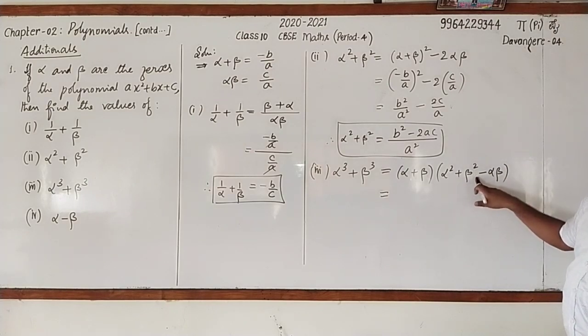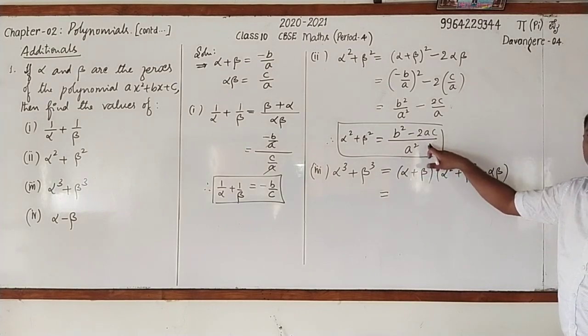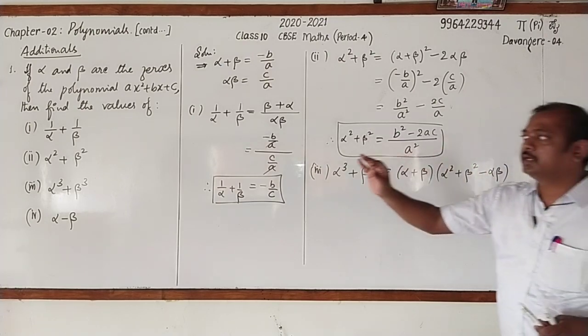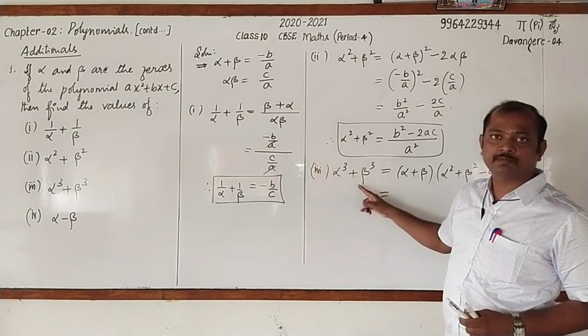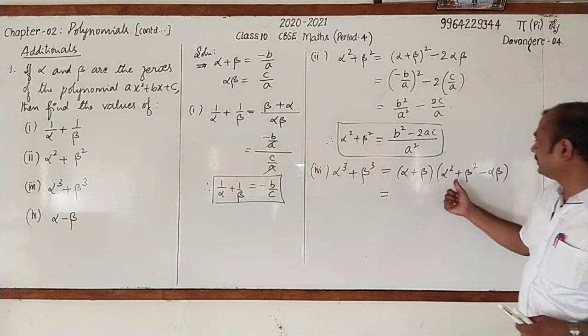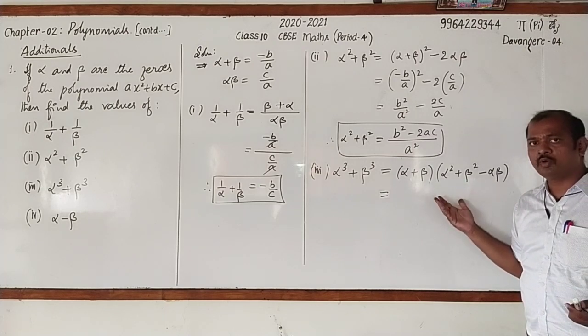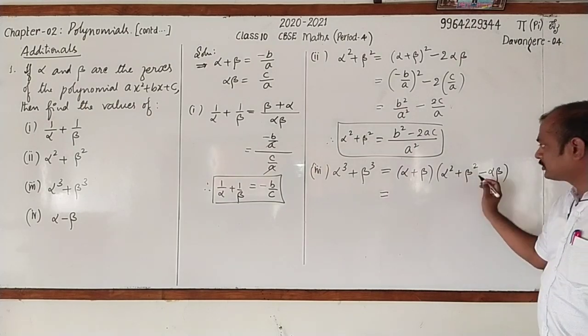Alpha square plus beta square, we have just found out. But imagine in the test only this question has been given. Is it possible to take substitution for alpha square plus beta square directly? No. Then it should be simplified.